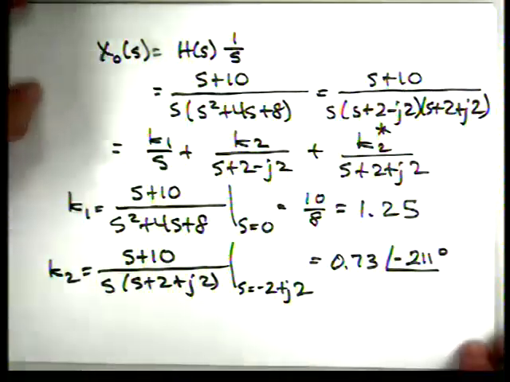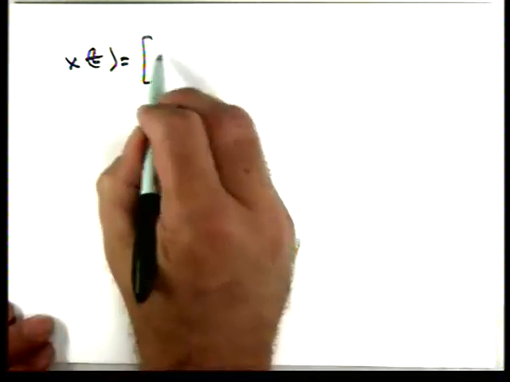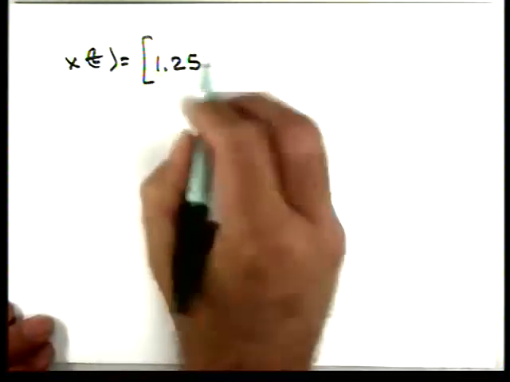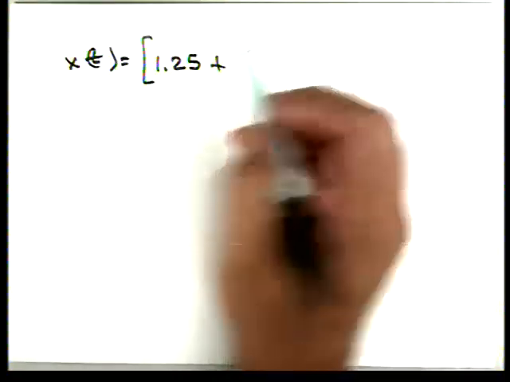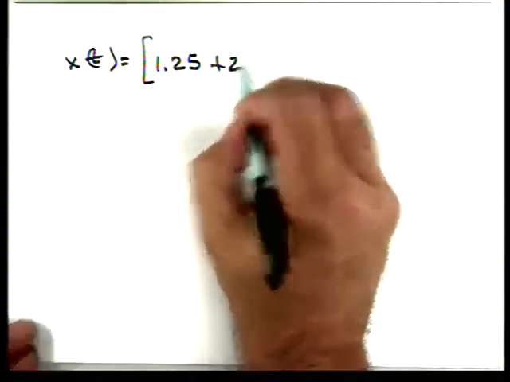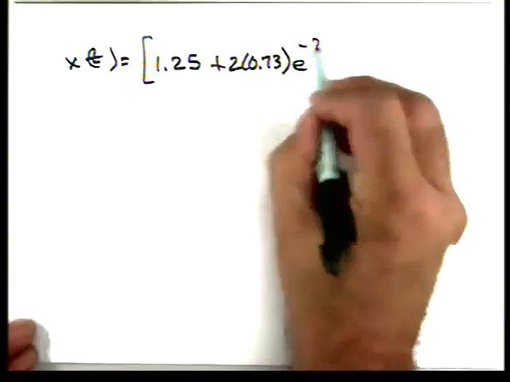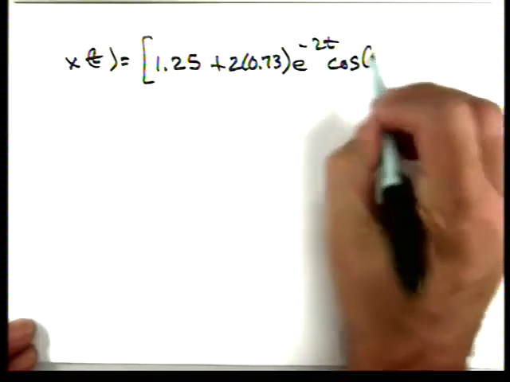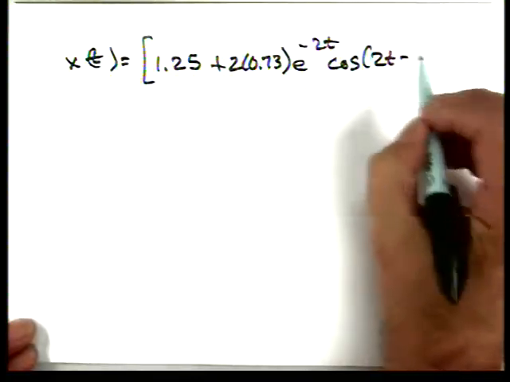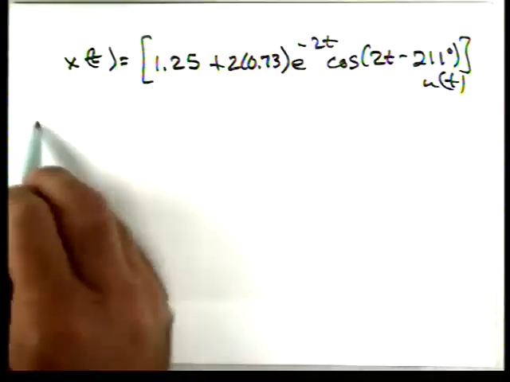Okay, so now we're ready to do our inverse transform. So the step response x(t) then is 10/8 or 1.25. Okay, now we have 2 times the 0.73, we have e^(-2t) cosine(2t - 211 degrees) u(t).